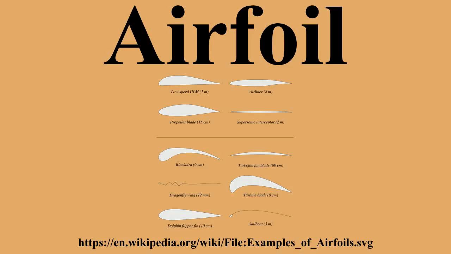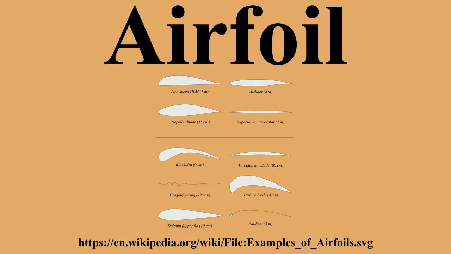Introduction. A fixed-wing aircraft's wings, horizontal and vertical stabilizers are built with airfoil-shaped cross-sections, as are helicopter rotor blades. Airfoils are also found in propellers, fans, compressors and turbines.